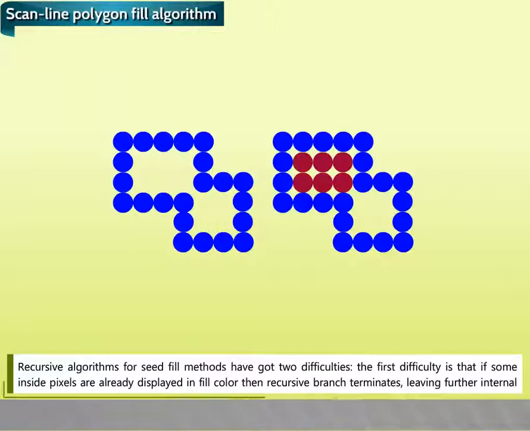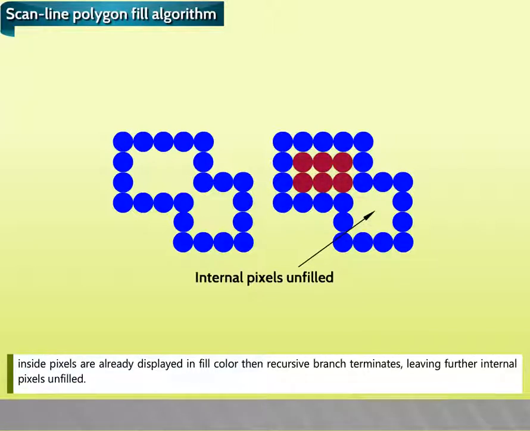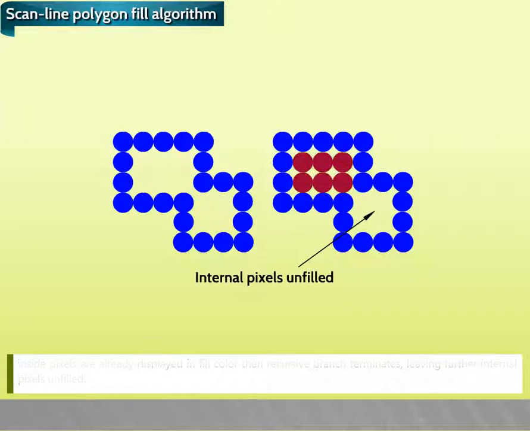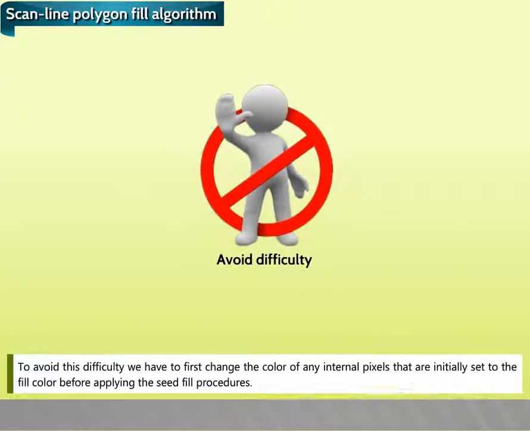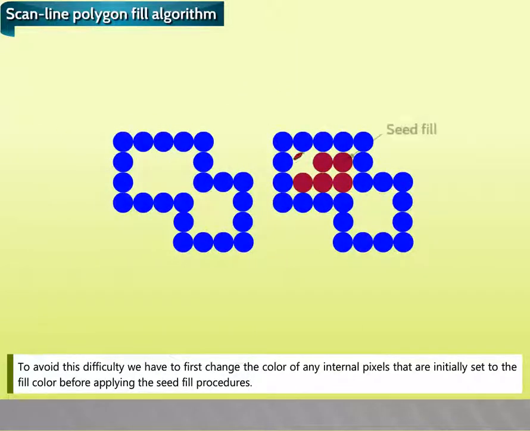The first difficulty is that if some inside pixels are already displayed in fill color, then the recursive branch terminates, leaving further internal pixels unfilled. To avoid this difficulty, we have to first change the color of any internal pixels that are initially set to fill color before applying the seed fill procedures.